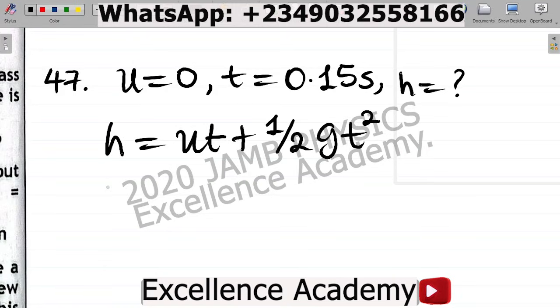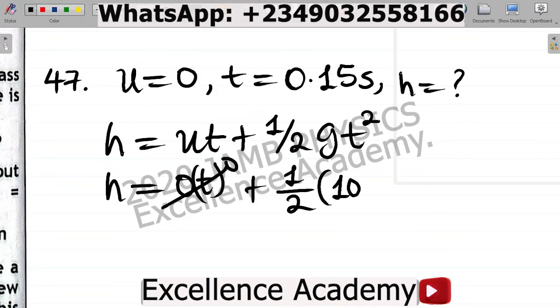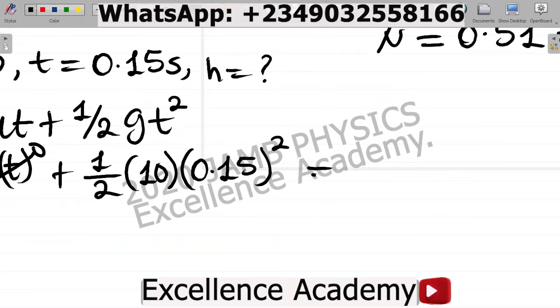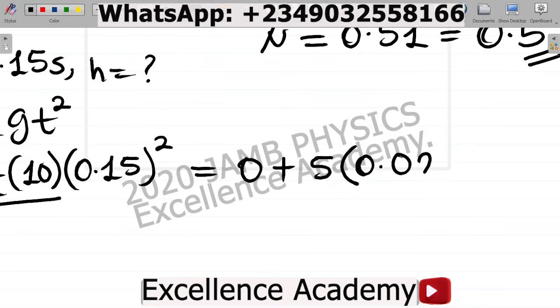Let's get the value of h. From here, h will be equal to u, which is 0, so it becomes 0 times t. That goes off. Plus half, 1 over 2, take g as 10, so 10 into t squared, where t is 0.15, so 0.15 all squared. The first part gives you 0, plus half of 10, which gives you 5, into 0.15 squared, which gives you 0.0225.